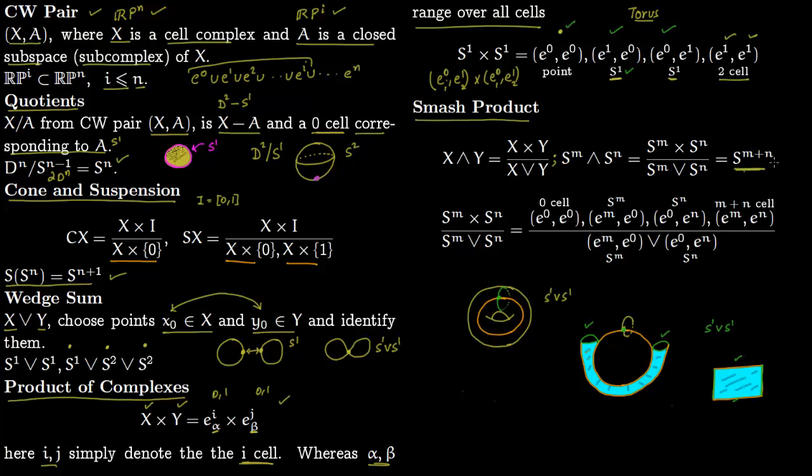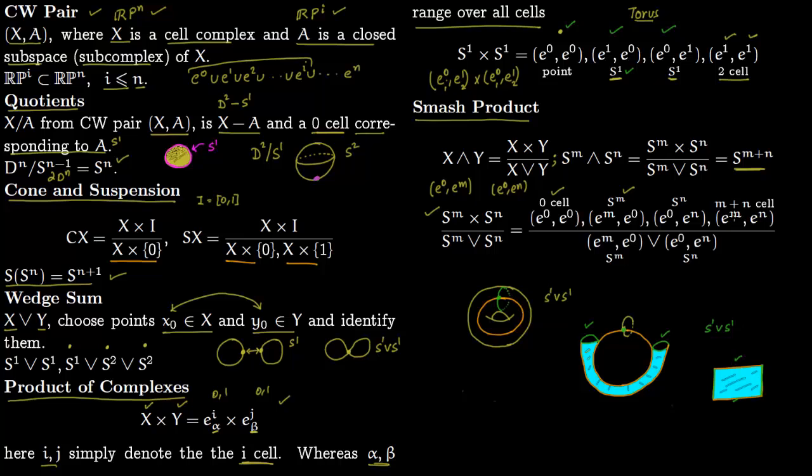Now to see it clearly, you first write your product. Now see, this Sm consists of E0 and Em, and this Sn consists of E0 and En. So once you form the product, you have a 0 cell. The 0 plus 0 will give you a 0 cell. This is Sm, you could have written it as E0, Em, doesn't matter. This is Sn, E0, En.